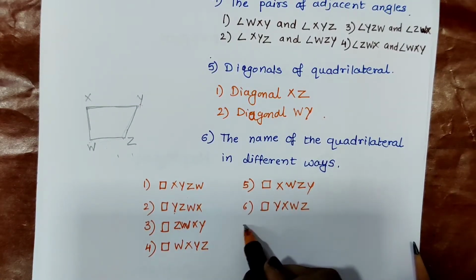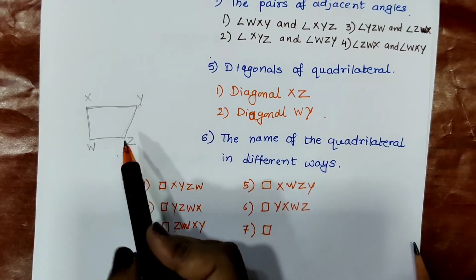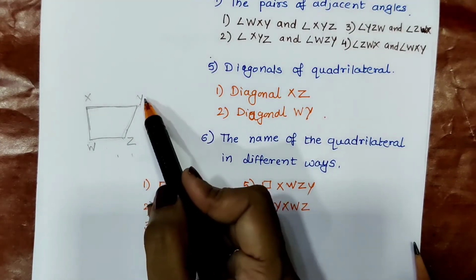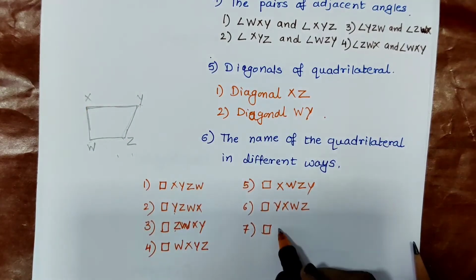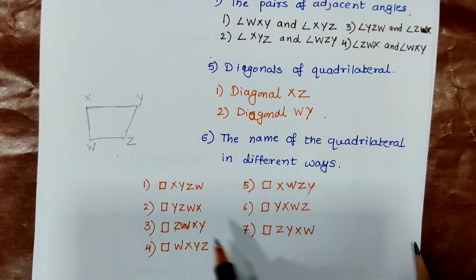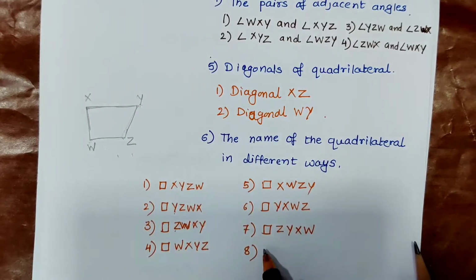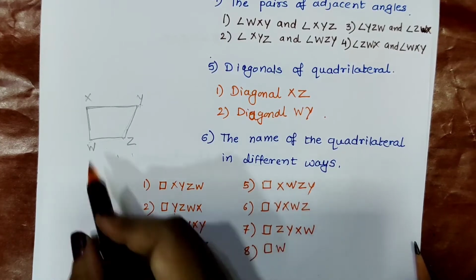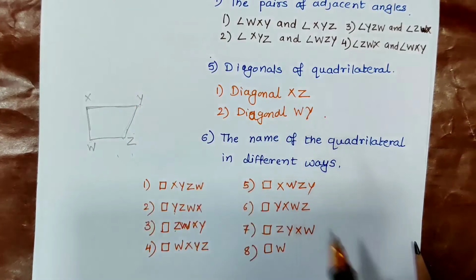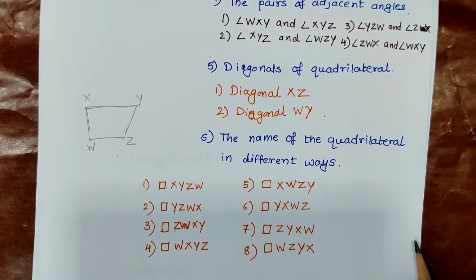Now next, 7th way, we start from Z and go anti-clockwise: ZYXW. Here it was ZWXY, here ZYXW. Now the 8th one, we start from W and go anti-clockwise: WZYX. In this way you can complete this question.